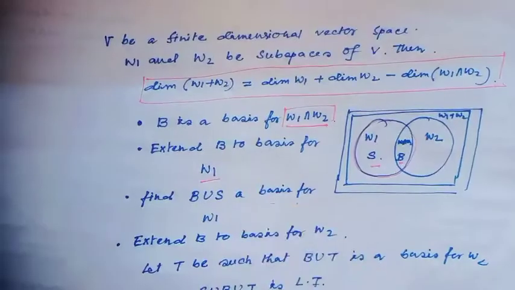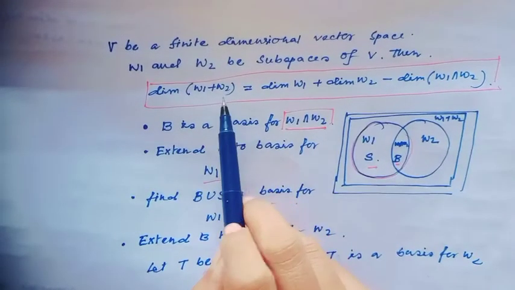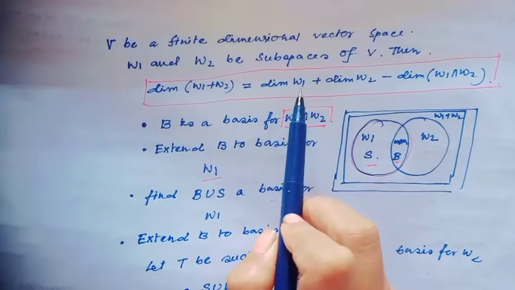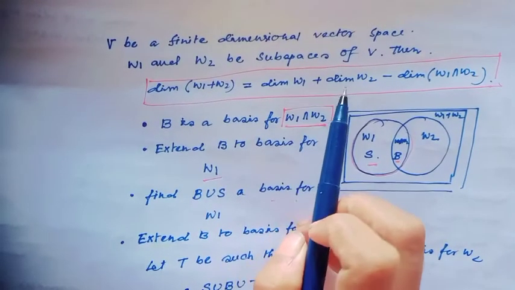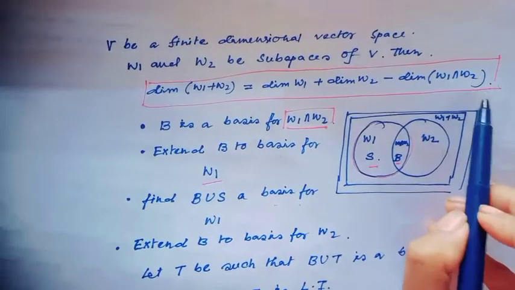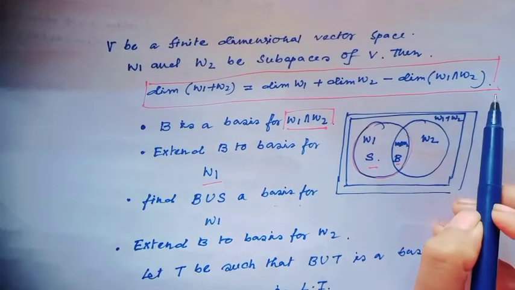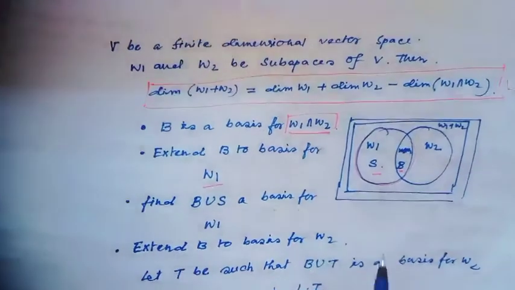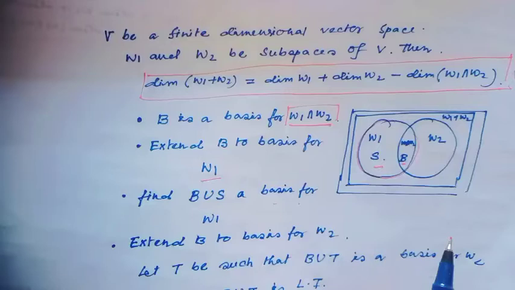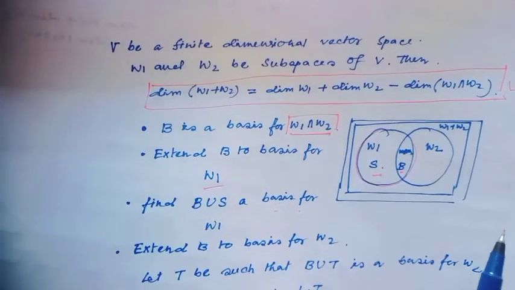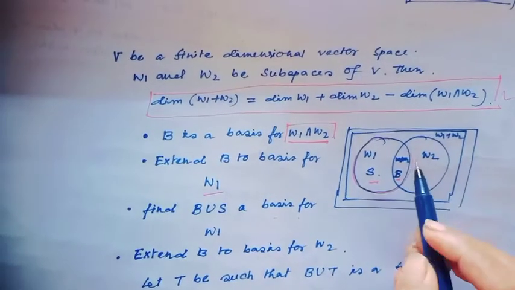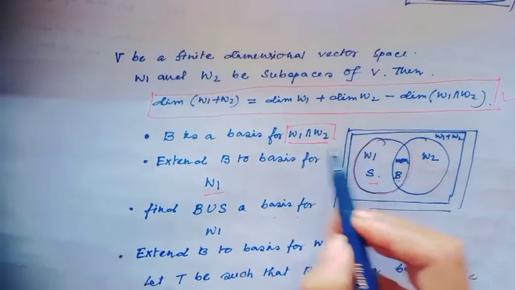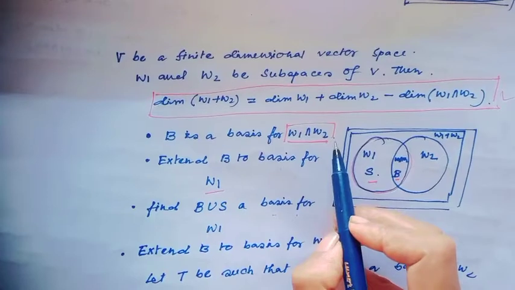Okay. Now I will see why dimension of W1 plus W2 equals dimension of W1 plus dimension of W2 minus dimension of W1 intersection W2. I will just give the direction of how we have to prove this. Then just see any standard book, and you will understand in a better way. The direction is: consider B to be a basis of the subspace W1 intersection W2.